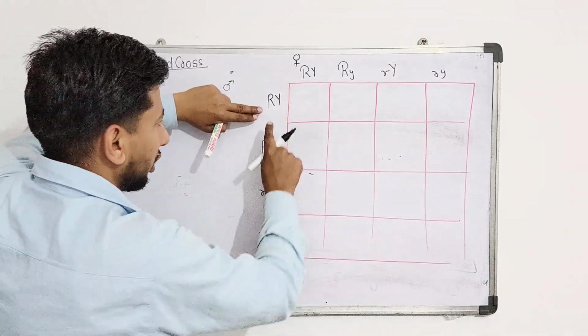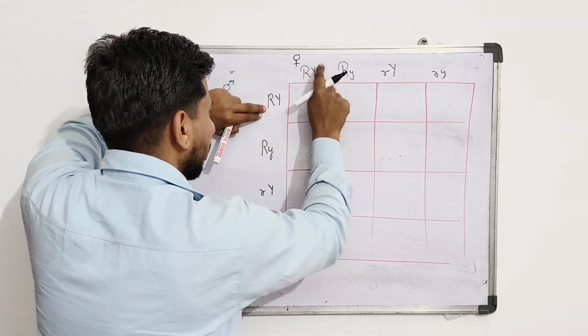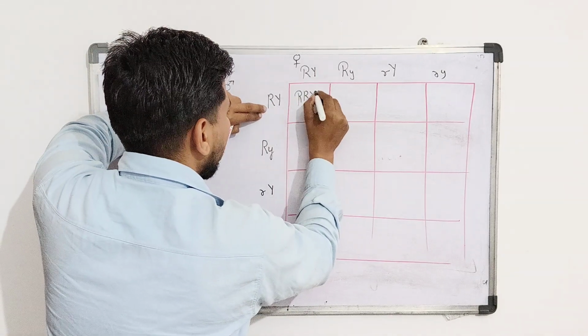And the method is, इसका cross this one with this: capital, capital, capital, capital.